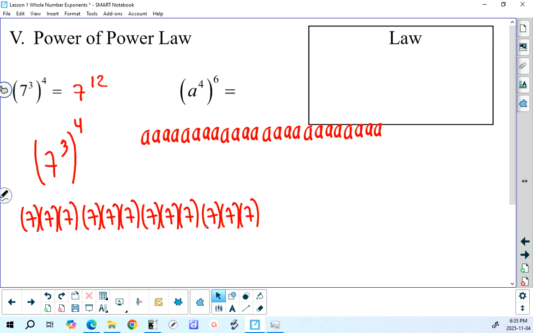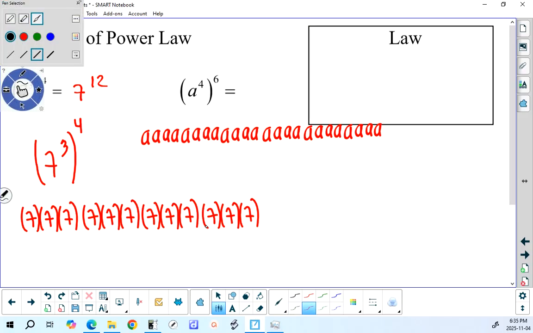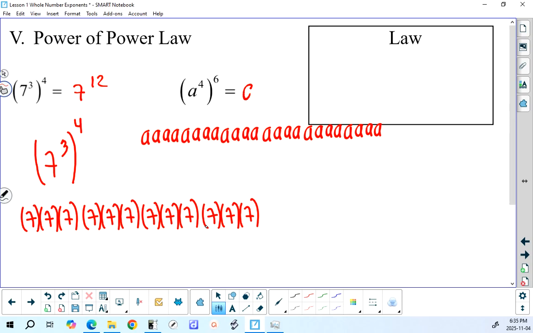There are going to be 24 because you have 6 groups of 4. So this becomes a to the 24. And if you haven't clued into what's going on here, when you have x raised to an exponent and the entire thing is raised to an additional exponent, then you can write it as x raised to the product of m times n. We can multiply the exponents.